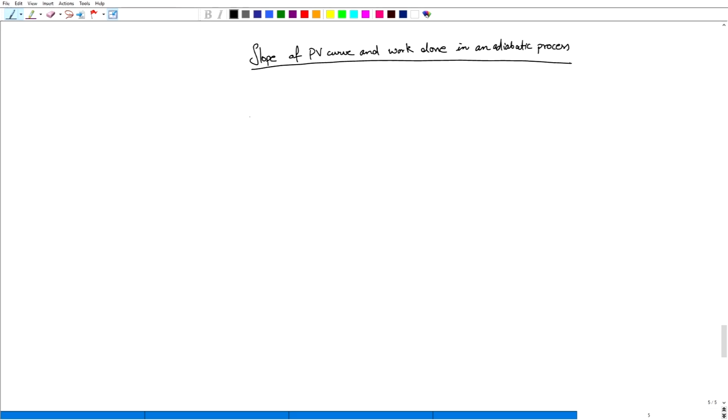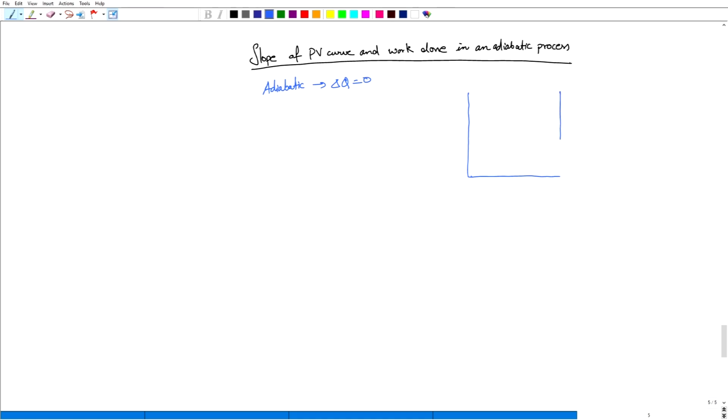Okay, so adiabatic, as soon as I say adiabatic, it means that delta Q is 0 or Q is 0, however you are defining it. If Q initial is 0, then Q is 0.